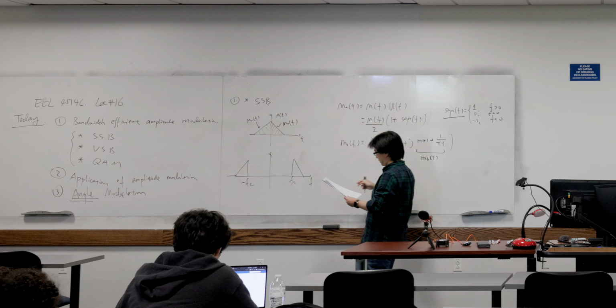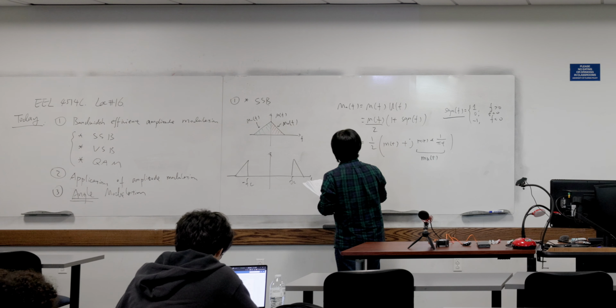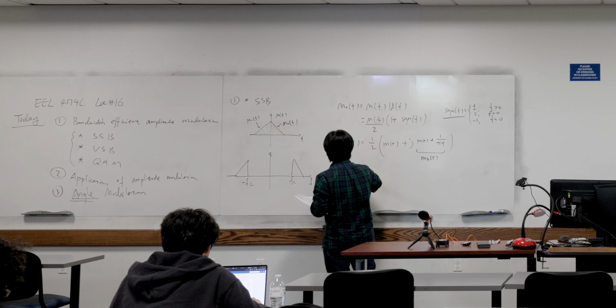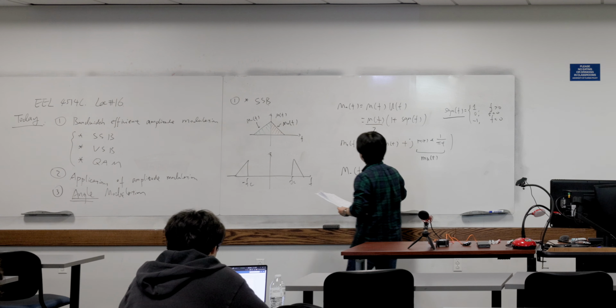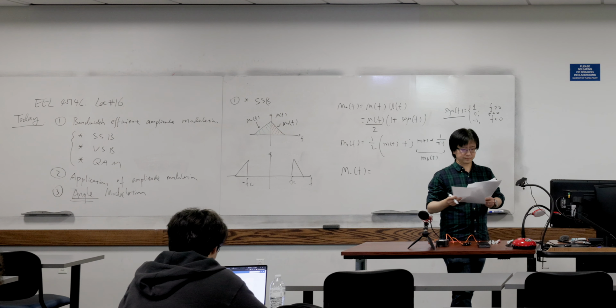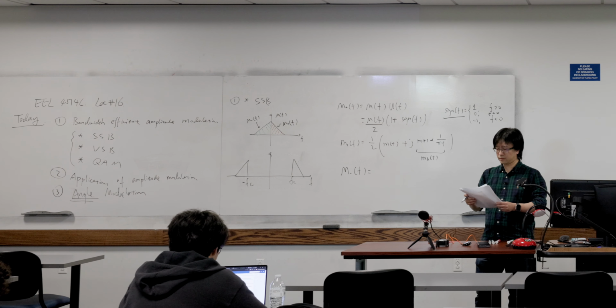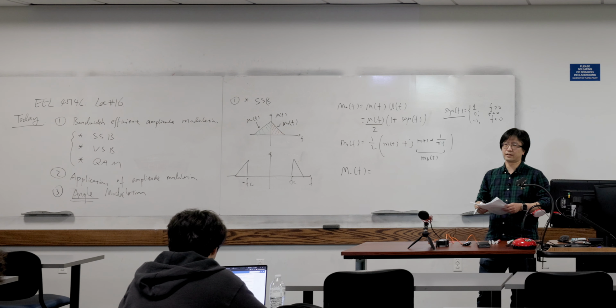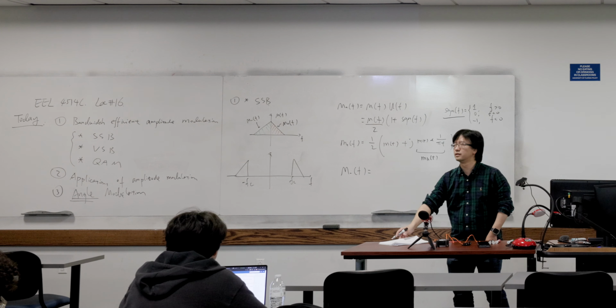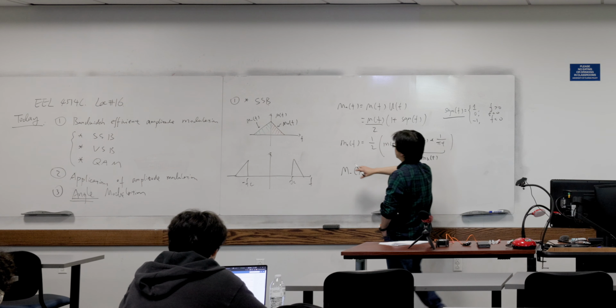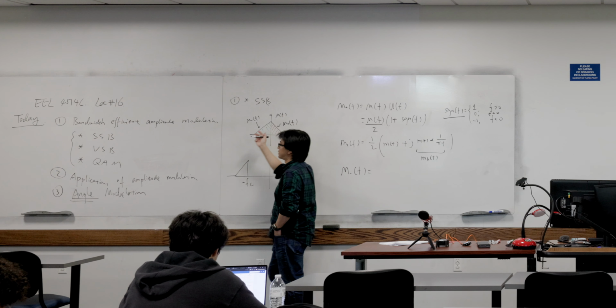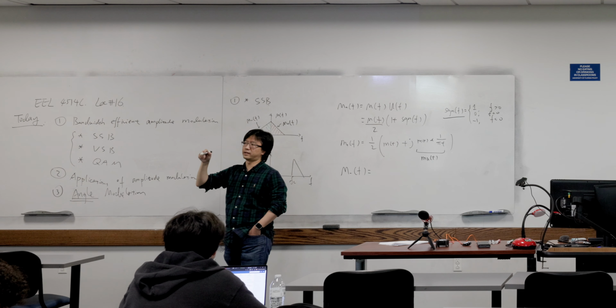And how about the minus side? What is the minus side? Can I take a guess? The only difference is that we need to multiply by u of minus f.